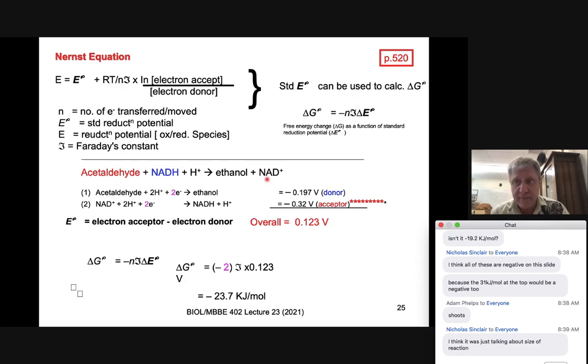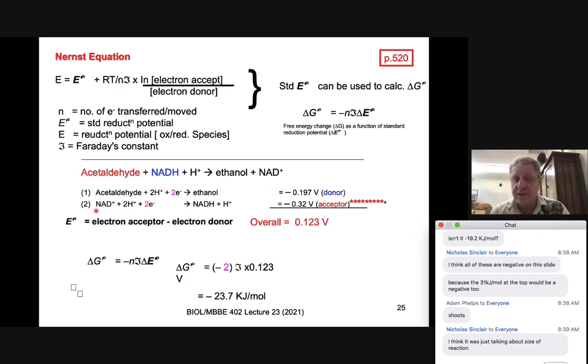We have two half equations to think about in this particular case. We have the acetaldehyde plus 2 protons plus 2 electrons to give us the capacity to give us ethanol. That's all well and good, but we need to have a source of these electrons and a source of these particular protons. We can measure the electrical potential of this particular reaction to be negative 0.197 volts.